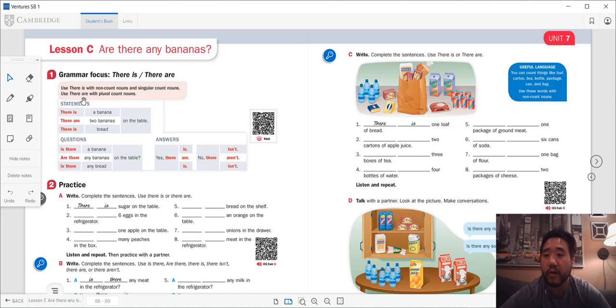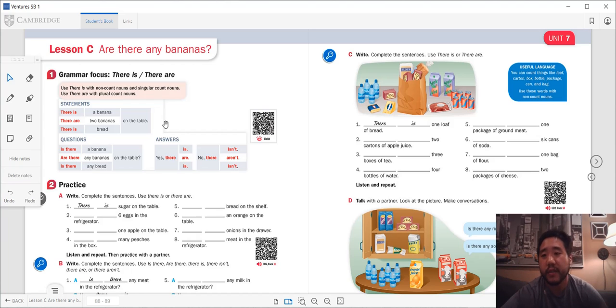Use there are with plural count nouns. And we can see there are statements, questions, and answers using the phrases there is and there are. As we learned in part 1, the way we use there is or there are really depends on what nouns are being used.